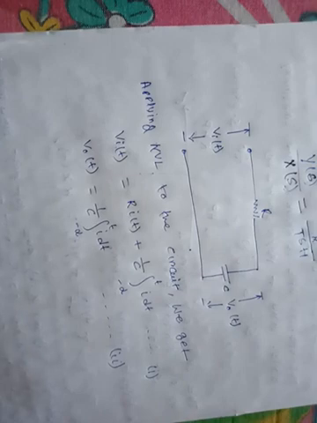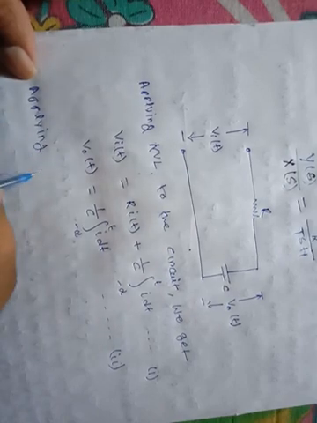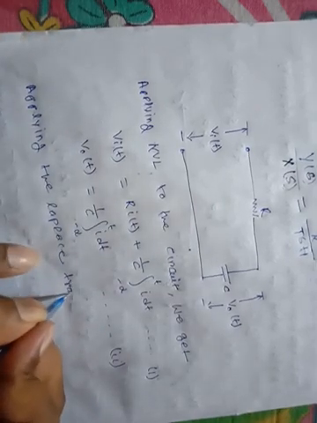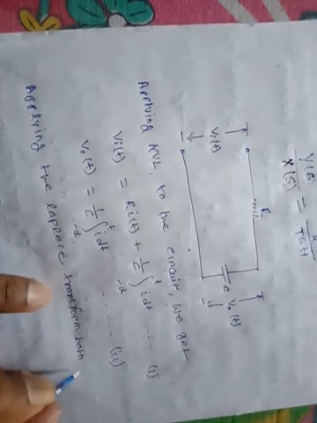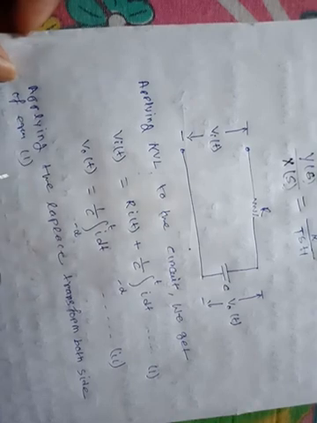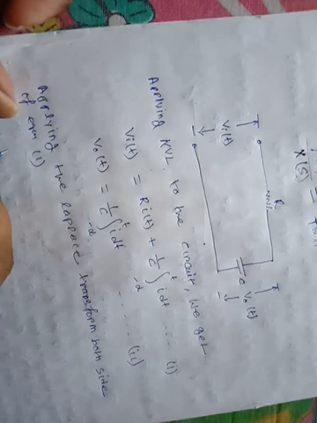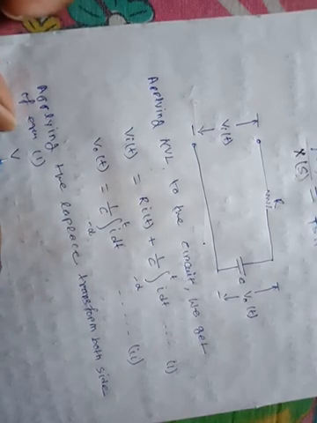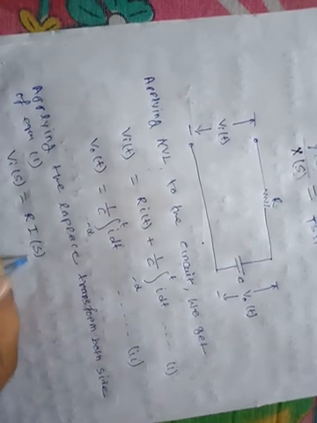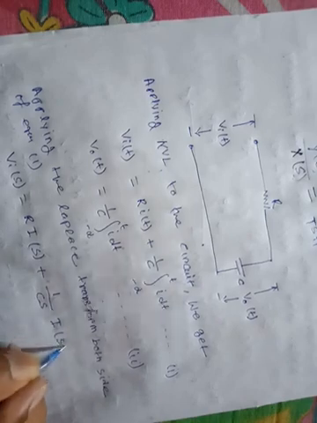Applying the Laplace transform on both sides of equation 1, the equation is Vi(s) is equal to R I(s) plus 1 by CS into I(s).